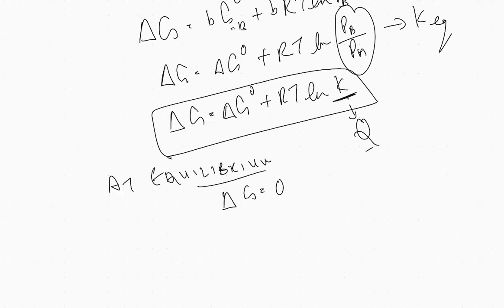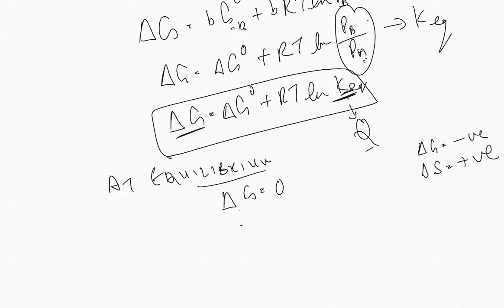Please go and check which way the reaction goes when Q is higher than K and when Q is lower than K. Since Q is product over reactant, if product is high and reactant is low, the Q value is high, meaning it has gone past equilibrium. If Q is lower than K, the reaction is proceeding to the right, trying to reach the equilibrium level.